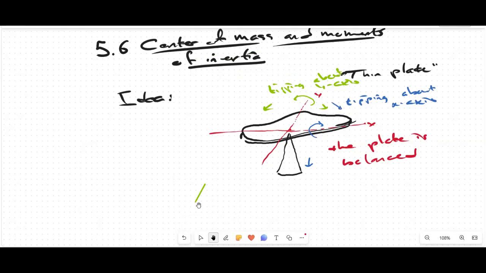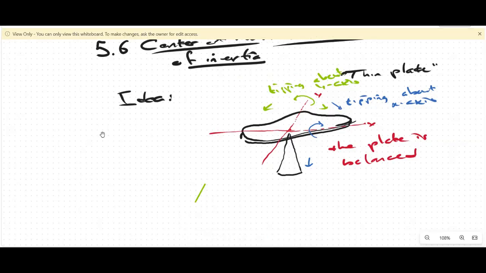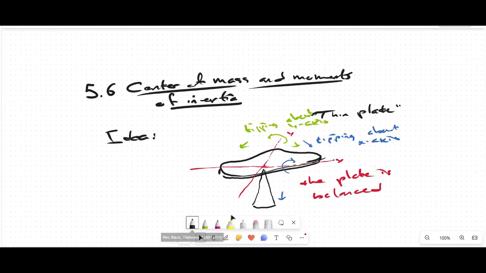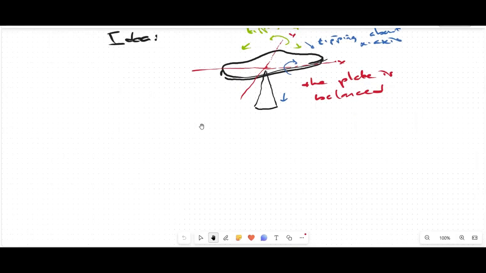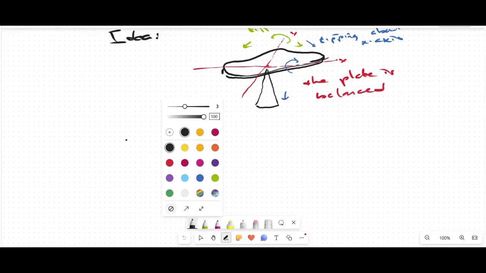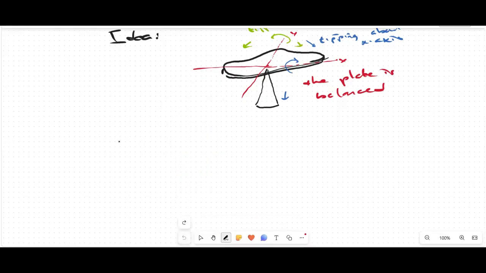One more idea that I would definitely hope you guys have seen before. So I'm going to put this one as recall. Let's imagine instead of this whole plate, I've decomposed it into little particles of mass, little cubes, let's say. Here I've got one mass, M1. Maybe I'll put another mass over here, M2.